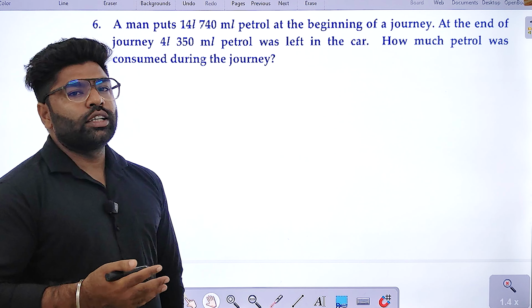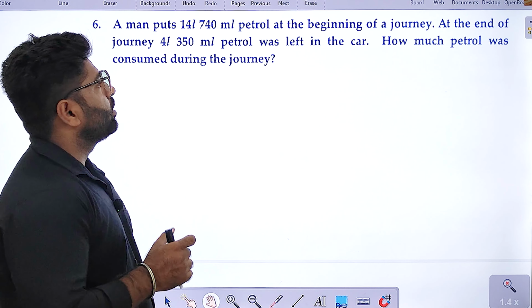So when we started our journey, we are having that much petrol in our vehicle. And after that, at the end of the journey, we are having 4 liter 350 milliliter of petrol left. So we are having the starting petrol and the remaining petrol. So how much petrol was consumed during the journey? So we have to find this by subtracting these two quantities.